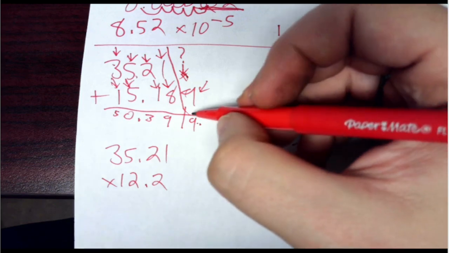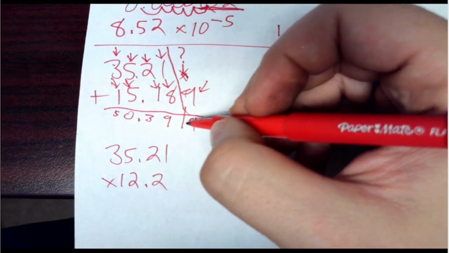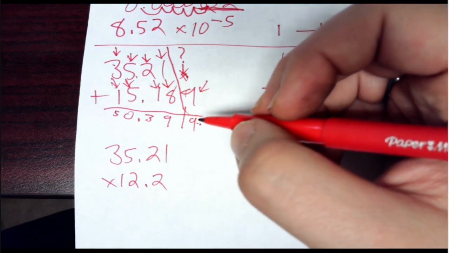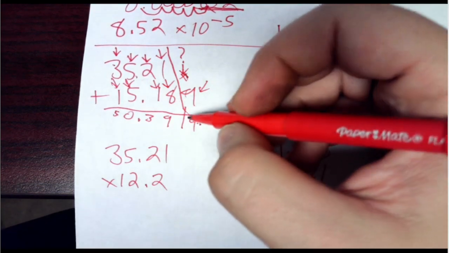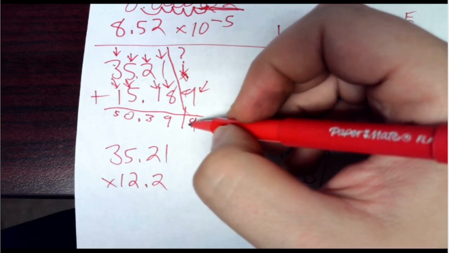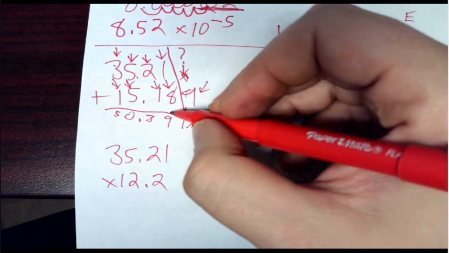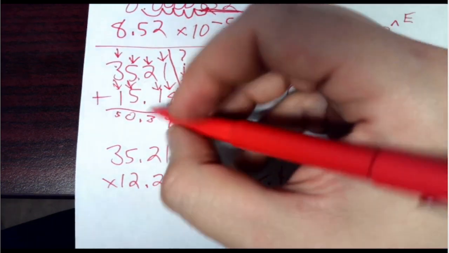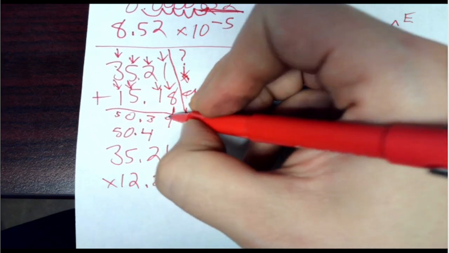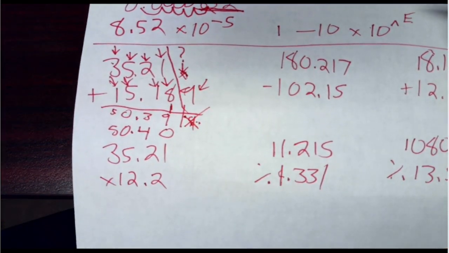And because this becomes unreliable, we re-round this, either up or down, depending on whether it's above or below 5. So because this is above 5, it rounds up. So that rounds up, and we'll get rid of that. So we add that 1 there. So it becomes 50.40. And that's how you'd report that answer.